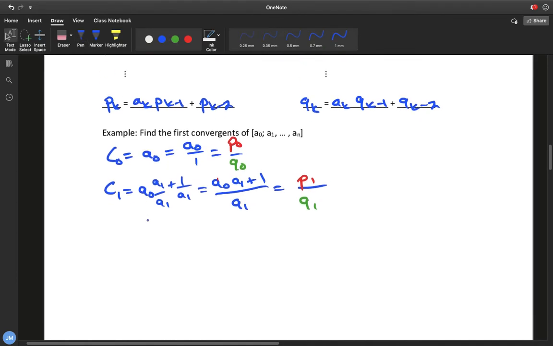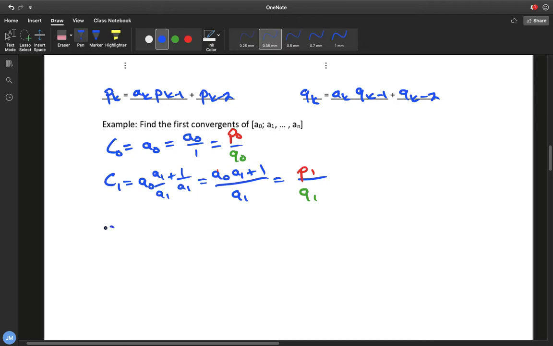Let's see what happens when we get to C sub 2. So C sub 2 would be defined as A sub 0 plus 1 over A sub 1 plus 1 over A sub 2. To calculate this, let's start by finding a common denominator within our fraction, so multiply by A sub 2 over A sub 2.